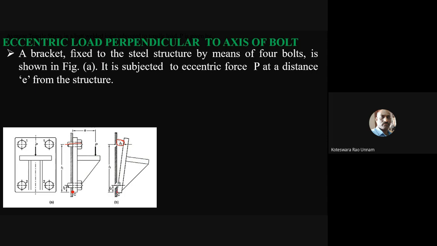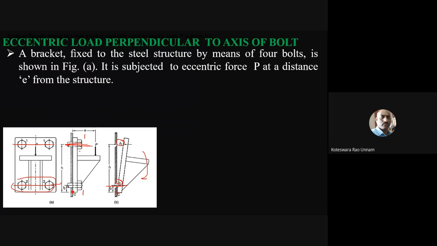If you go upwards, obviously it increases because it is rotating about this point C. The elongation of the bolts located at this location he has taken as delta 2. You can see the center line: these two are on the same center line and these two are on the same center line. In the side view, these two bolts are located only at this location and these two bolts only at this location.